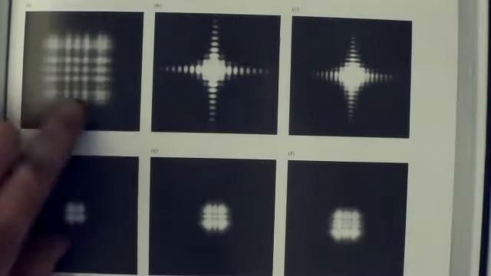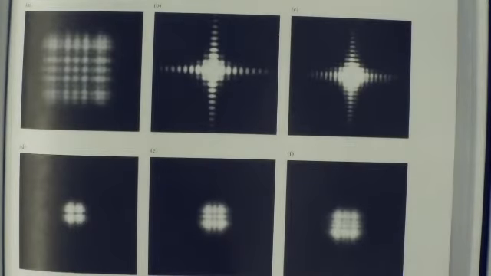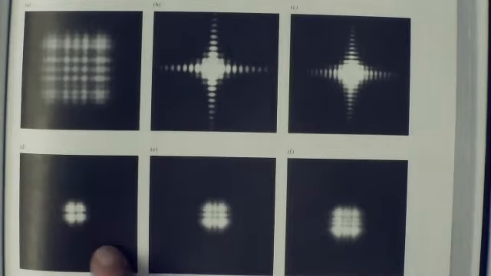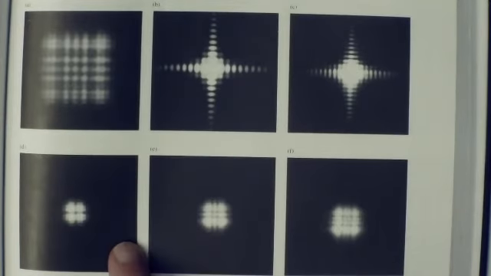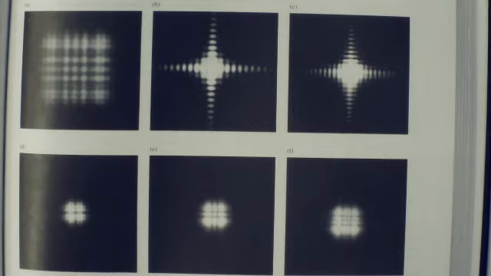This is the kind of thing you might get with some kind of square aperture of different sizes. And you wonder, where in the world are all these stupid fringes coming from? And that's just what happens. Yeah, these are all just square apertures.